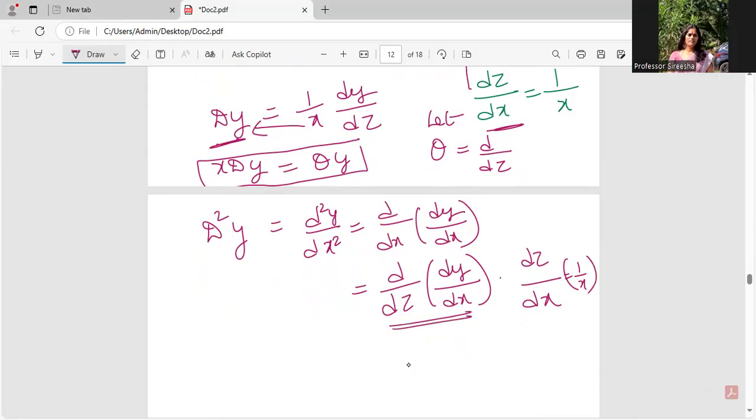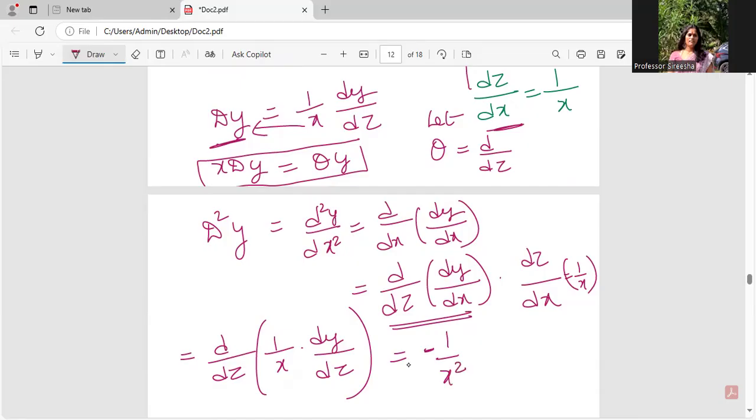But then I will look at this. What that would be? d by dz of 1 by x into dy by dz. I'll be using UV rule, of course. d by dz of 1 by x would be what? x is a function in z, right? So derivative of x with respect to z will have some value: minus 1 by x squared.